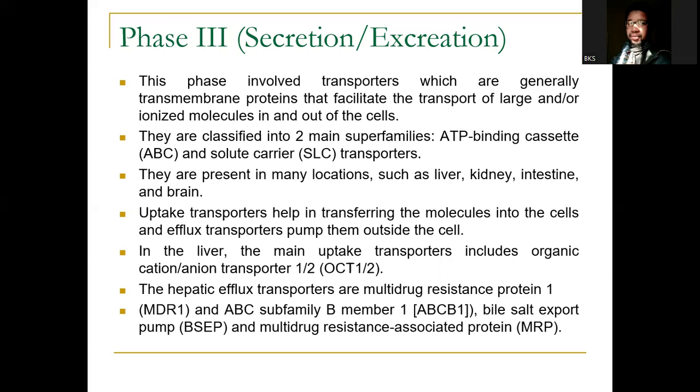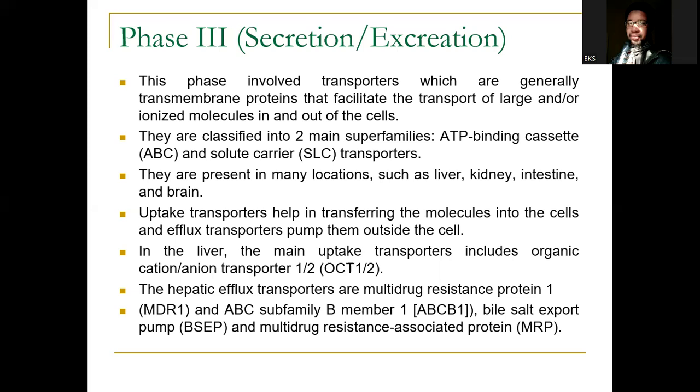These membrane transporter proteins are generally classified into two main superfamilies: the ATP-binding cassette, which we call ABC transporters, and the solute carrier proteins, which we call SLC transporters.